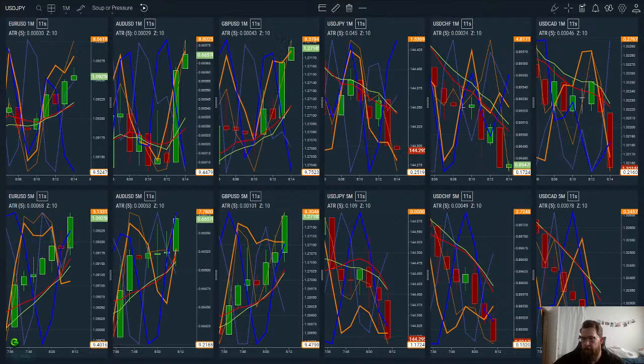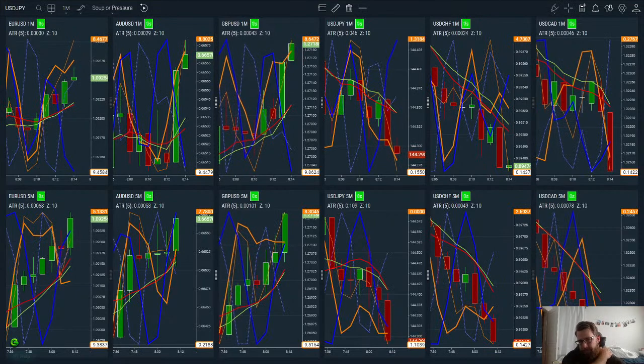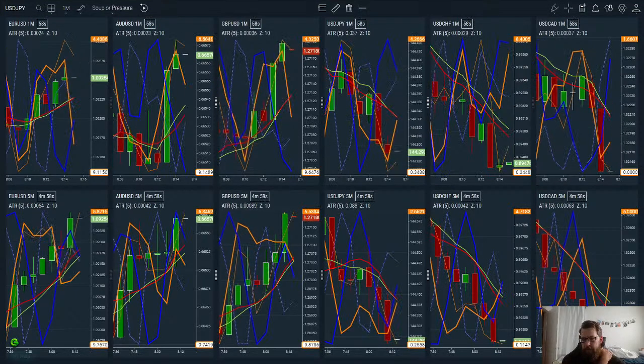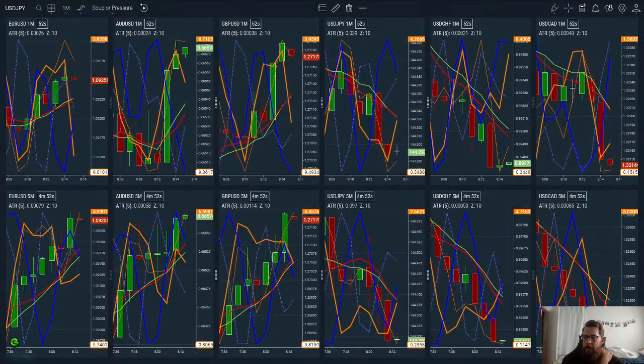It's gonna post in about 10 seconds. We'll see what happens to the thick blue line here when that happens. Thick blue points up, but so does the thick orange.